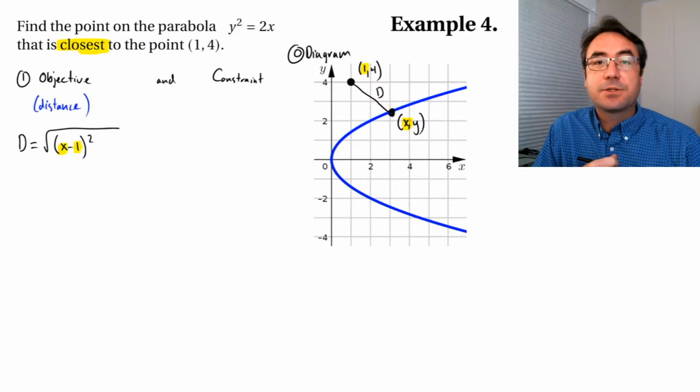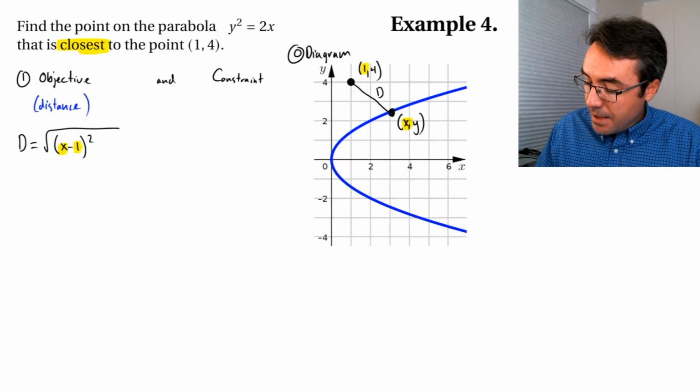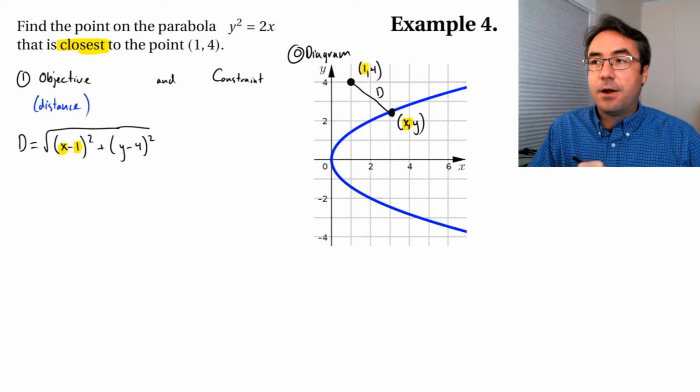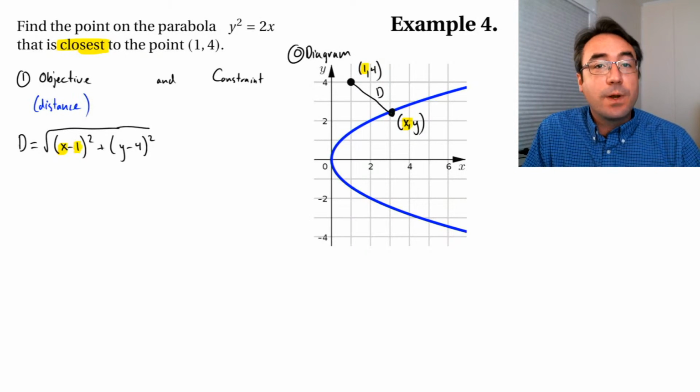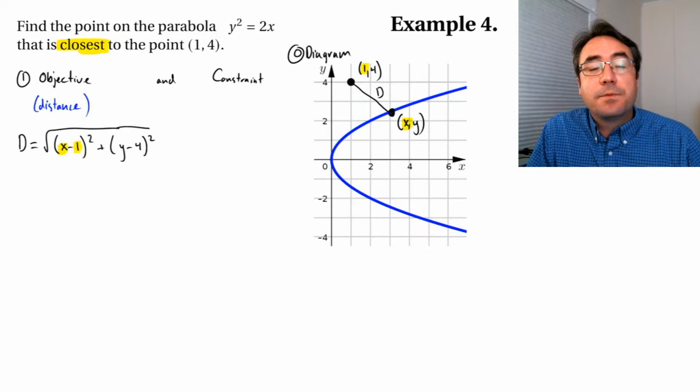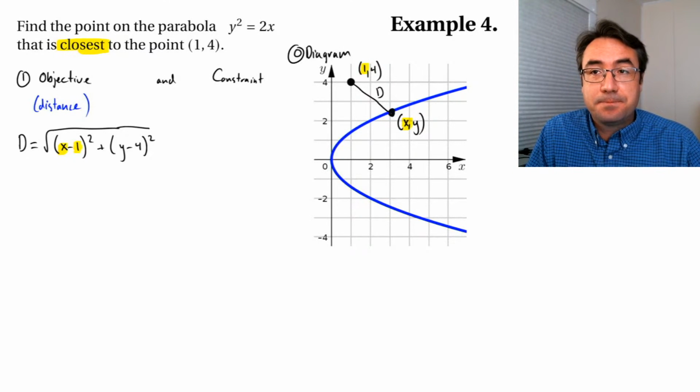So we subtract the x coordinates and square it, and then we add to that the difference of the y coordinates. So we do y minus 4 squared. And all of that's underneath our square root function. So that's just the distance formula for the distance between 2 points.